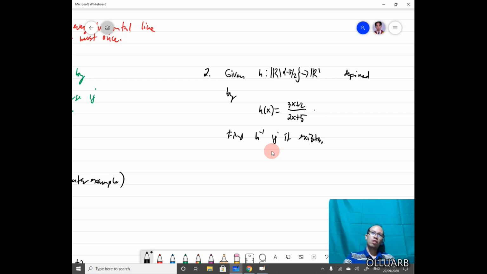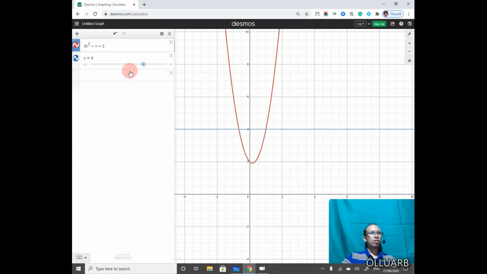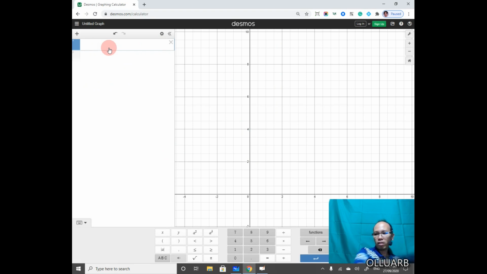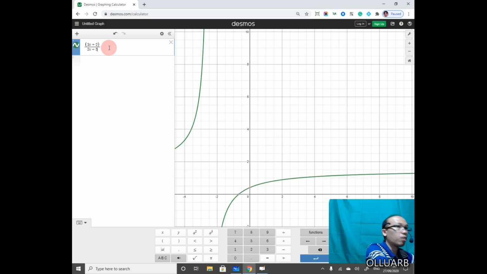This is the set of real numbers except, may I look at the graph? 3x plus 2 over 2x plus 5.